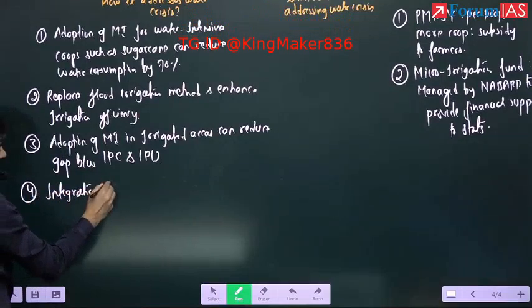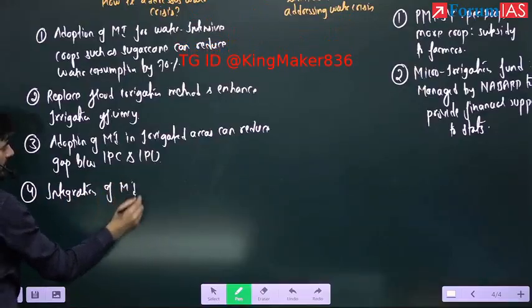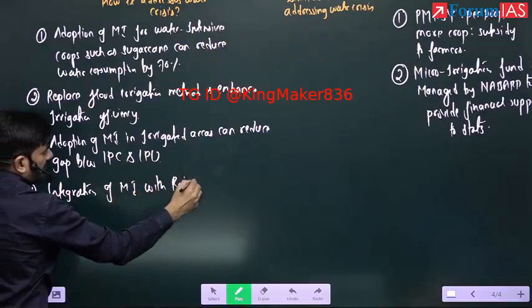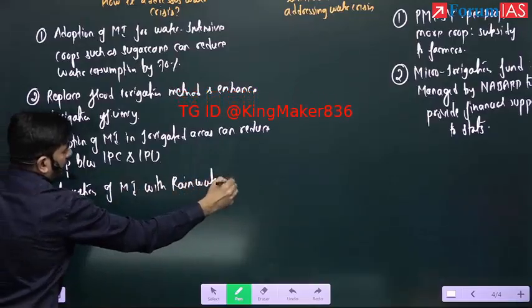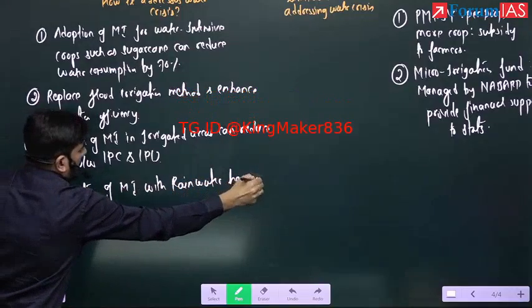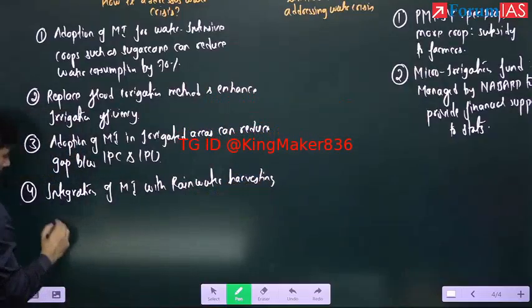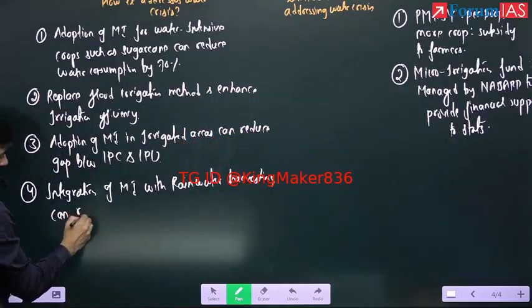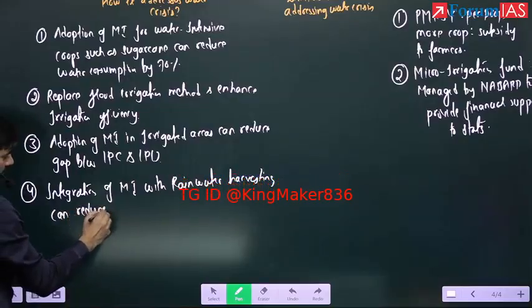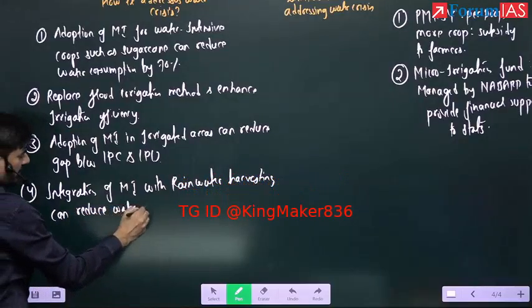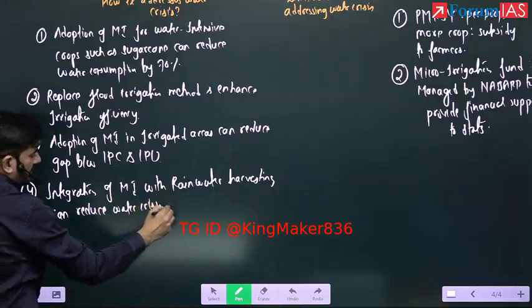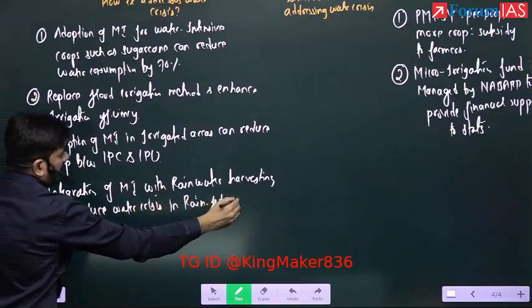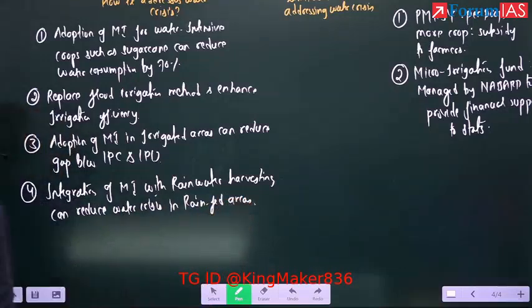Integration of micro irrigation with rain water harvesting can reduce water crisis in the rain fed areas.